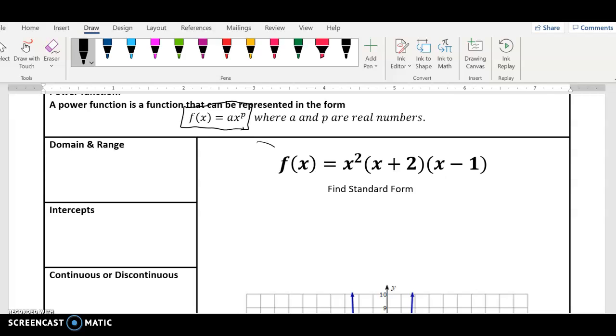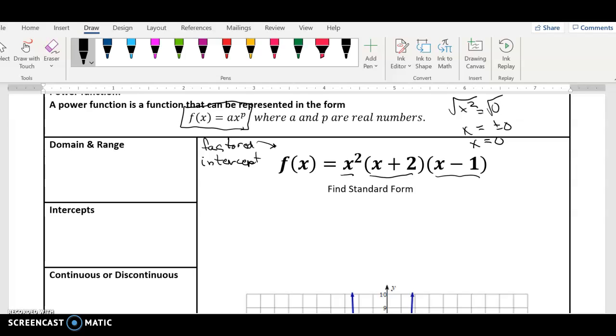This form that the polynomial is in is called the factored form because it's factored, or it's also called the intercept form, because if we set each of the factors equal to 0, we will find the intercepts. So if we set x squared equal to 0, we would get plus minus 0 or just 0. 0 isn't positive or negative.